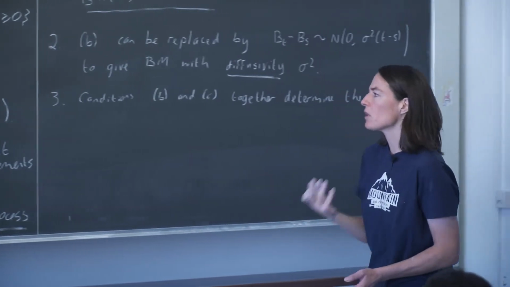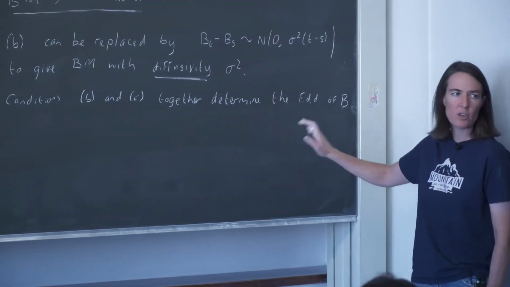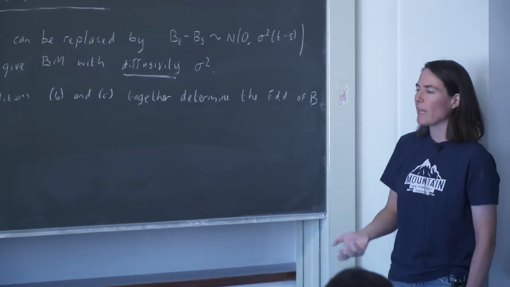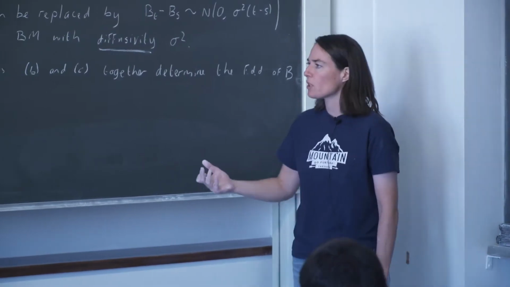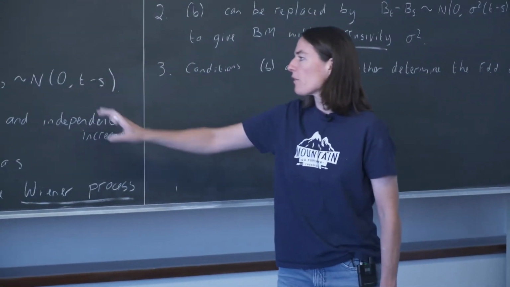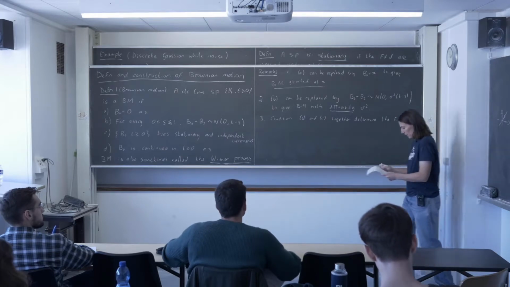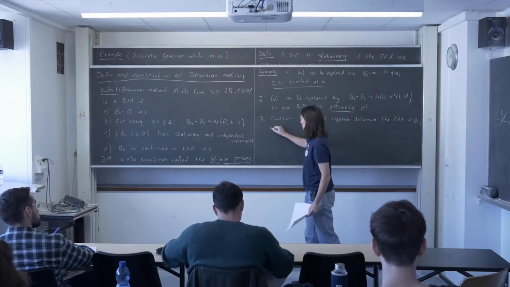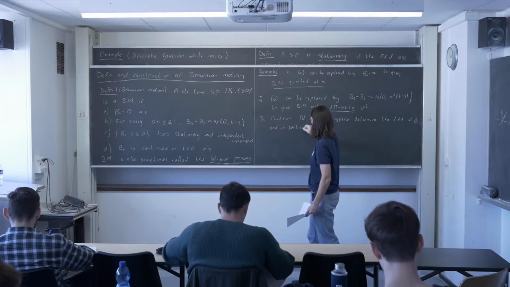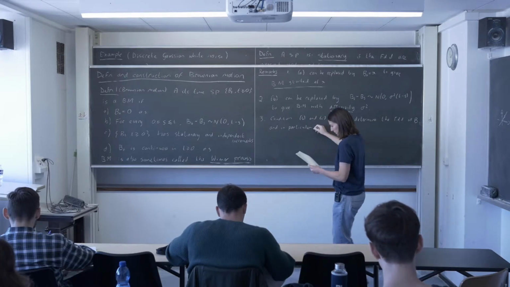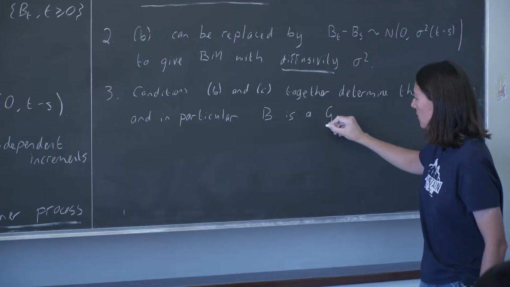If you use those two together to write down the finite dimensional distributions, you'll find you get a multivariate normal distribution for any of them. And so that means Brownian motion is a Gaussian process. In particular, B is a Gaussian process.